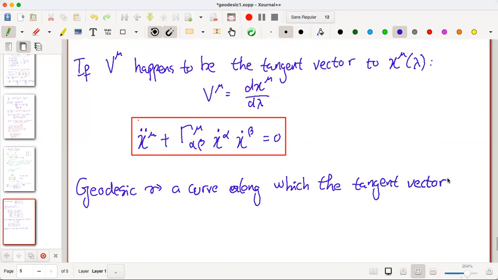Autoparallel means that it is always parallel to its original form. This is what we call the geodesic. Okay. Any question?